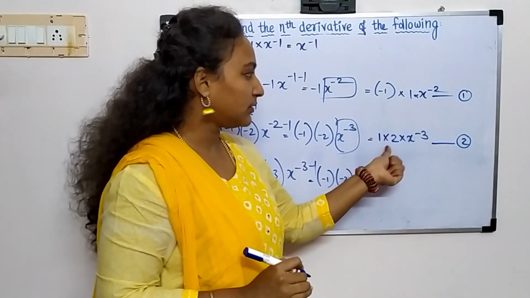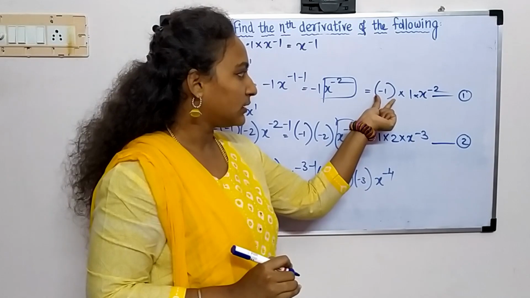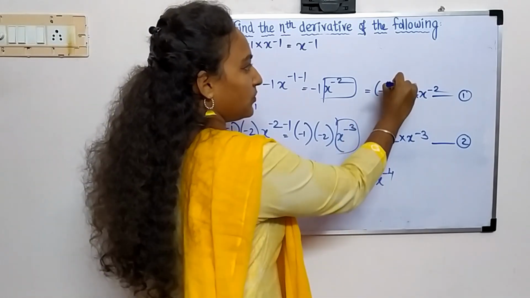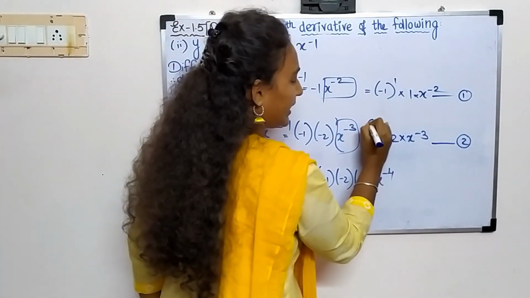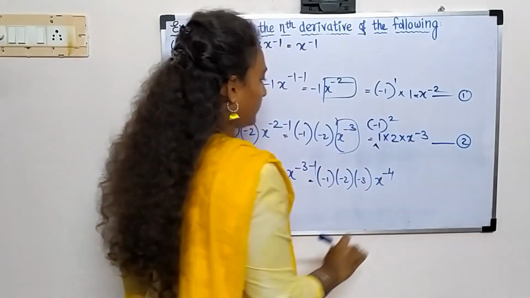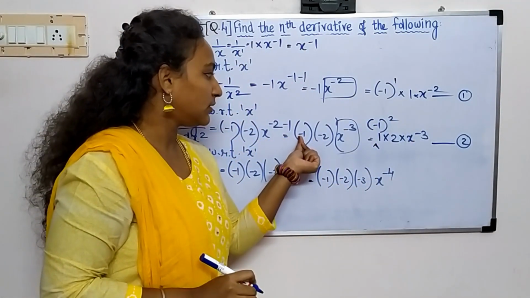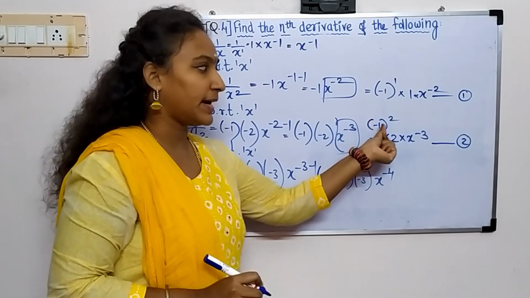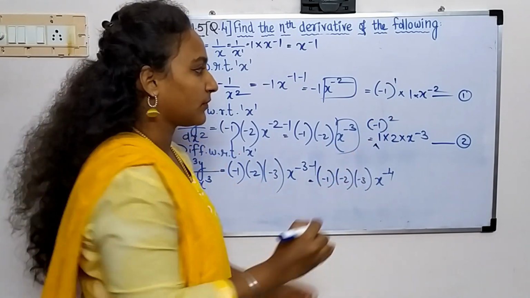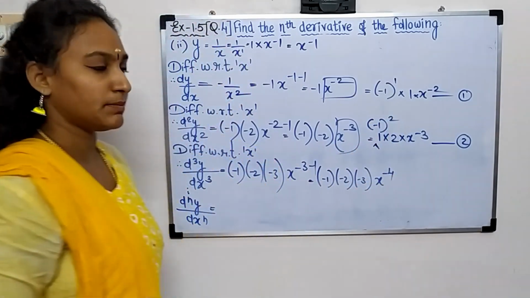Earlier it was 1, now it is 2. See, this is minus 1 raised to 1. Here we can write minus 1 square, because we have got 2 minus, that is minus 1 square is 1. This is the equation number 2.